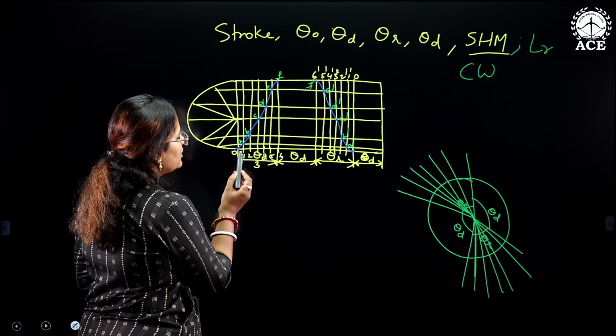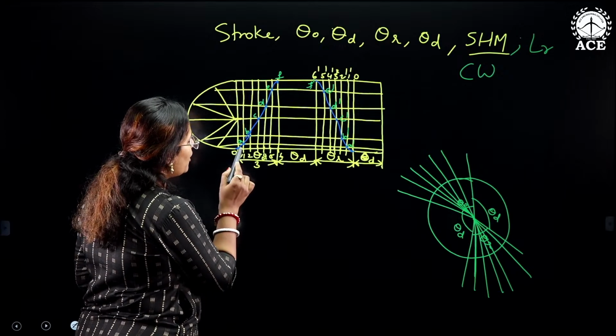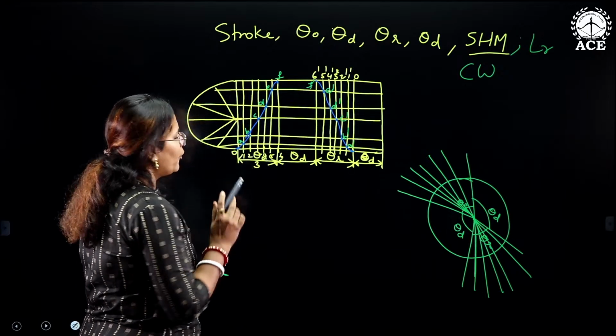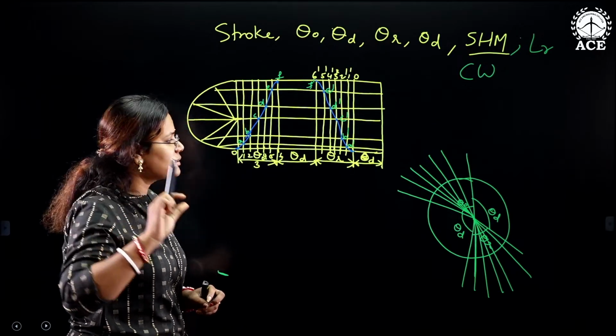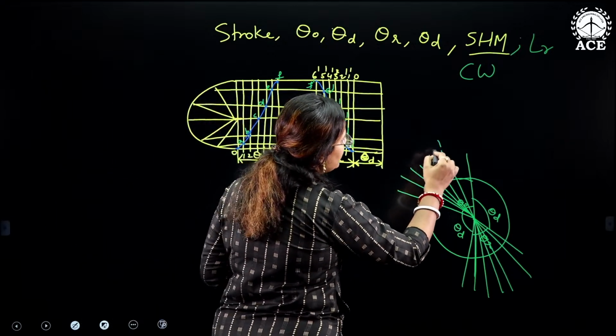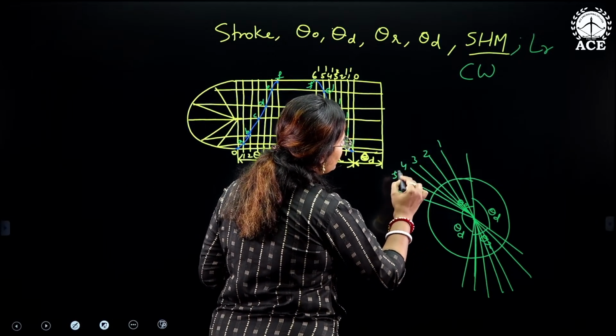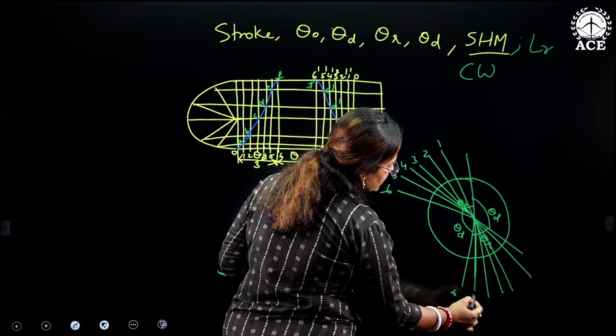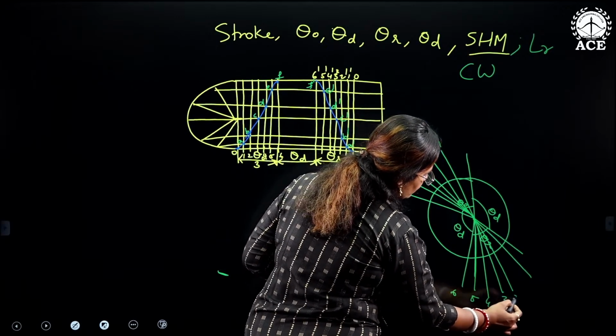Here you see in the displacement diagram you have a distance from this first point to A point. Measure that 1A distance. Let us say this is the first line, second, third, fourth, fifth and sixth line. Here also this is 6, 5, 4, 3, 2, 1 and 0.